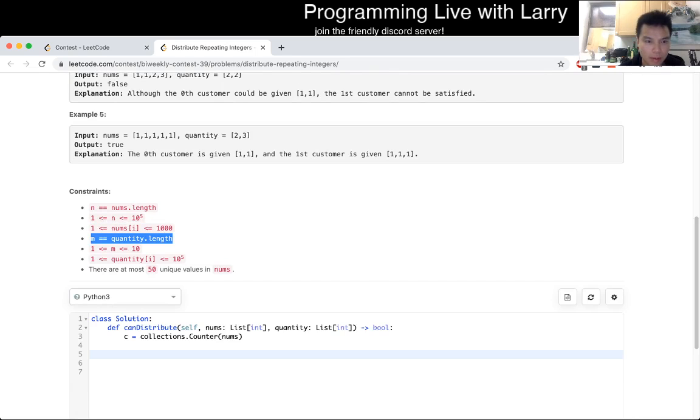Quantity is 10. I think I know how to solve this, but I'm not sure.